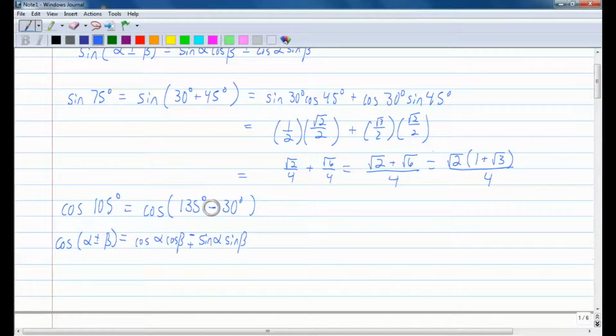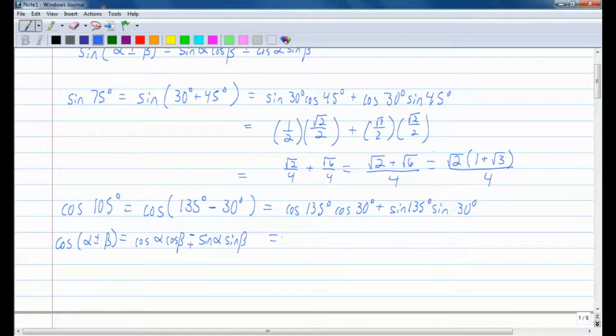So if I need to use a difference to get to this angle measure, then I need to use a plus between the two terms. Alright, so make the first angle measure your alpha and the second your beta. So this is cosine of 135 degrees times the cosine of 30 degrees plus the sine of 135 degrees times the sine of 30 degrees.